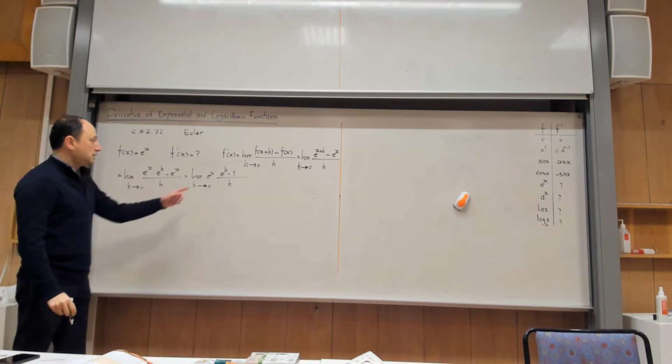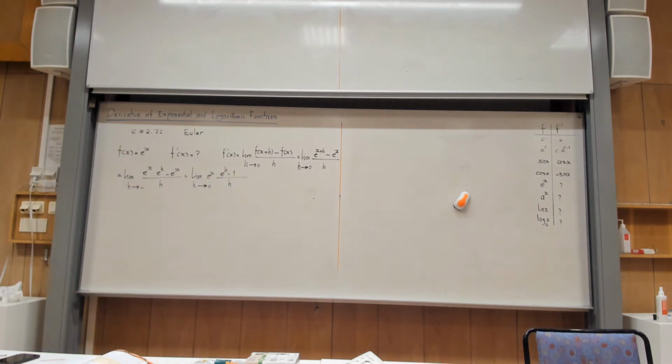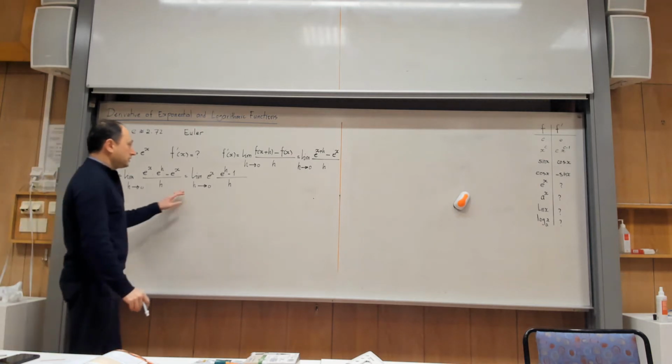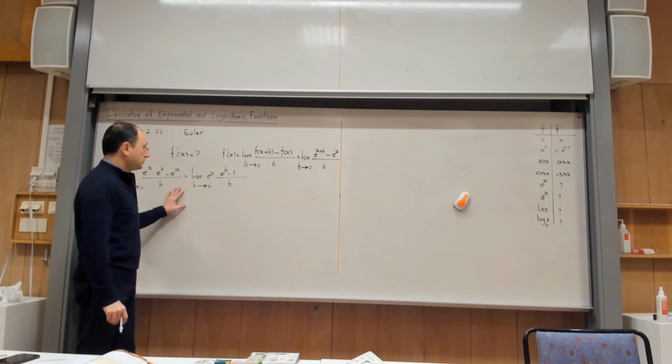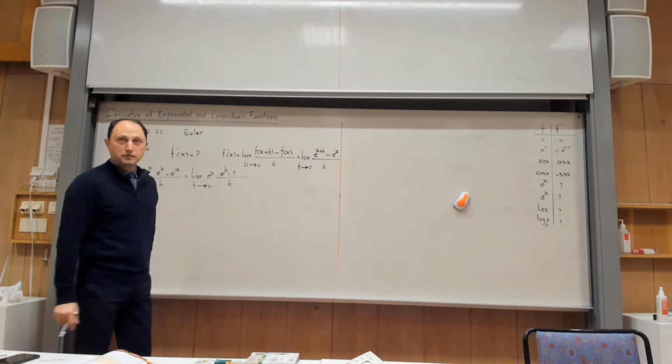The point is that I have to calculate this limit, but this limit is one of those limits that you need a little bit more advanced mathematics to prove rigorously. But you can convince yourself by calculating some numbers.